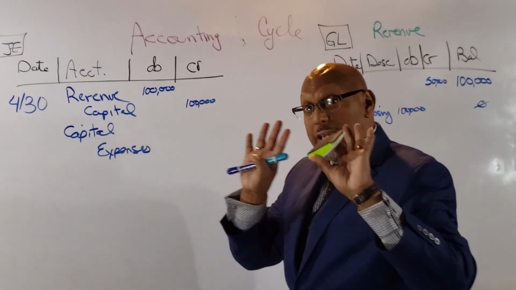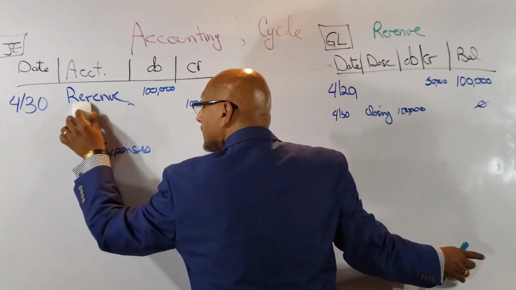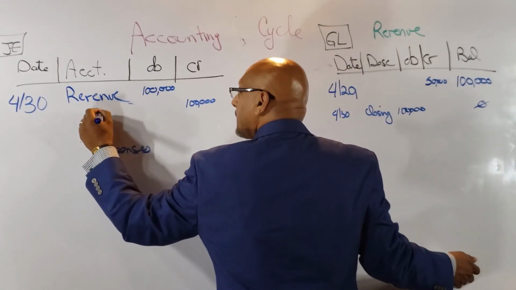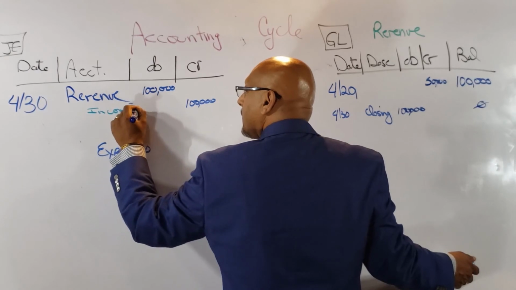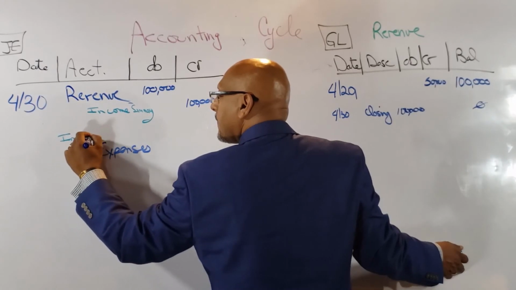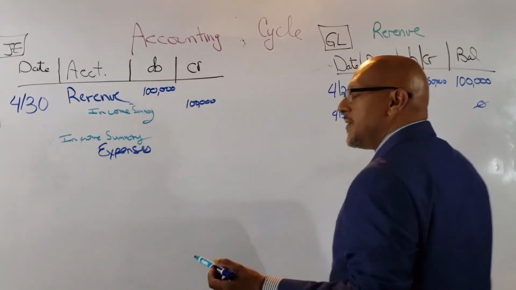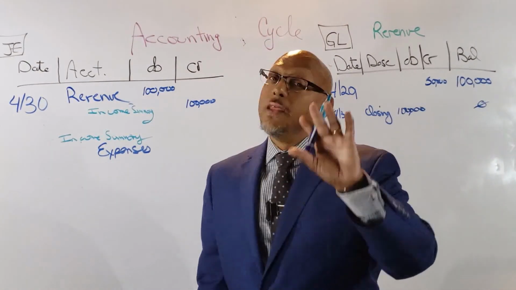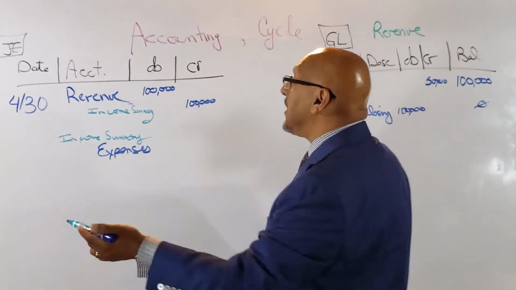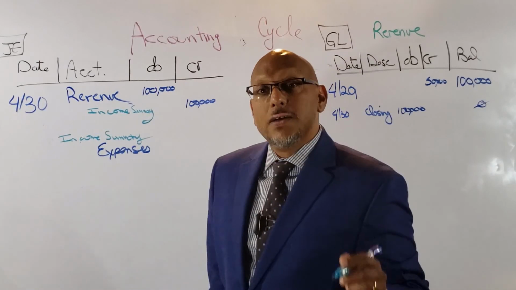This is the indirect method. We're not done. But first, we substitute the word capital, which is the direct method, with the income summary method, or retained earnings. There's going to be an additional step.